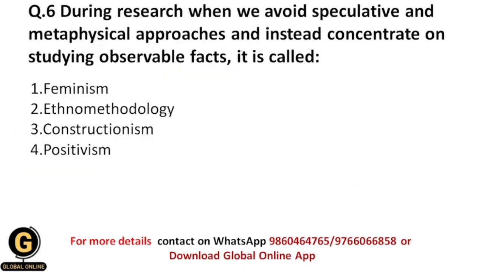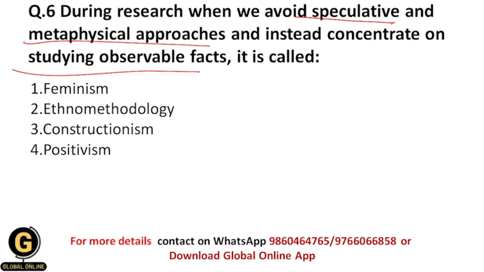Okay. During research, when we avoid speculative and metaphysical approaches and instead concentrate on studying observable facts, it is called. So during research, when we avoid intuitive approaches, that is, approaches based on our intuitions or on things we have heard, and instead we concentrate on studying observable facts, what do we call it?